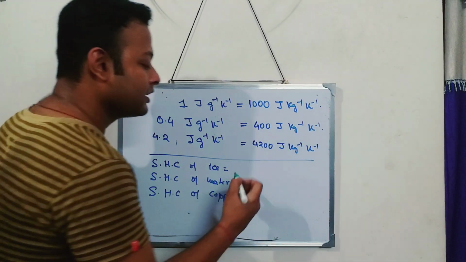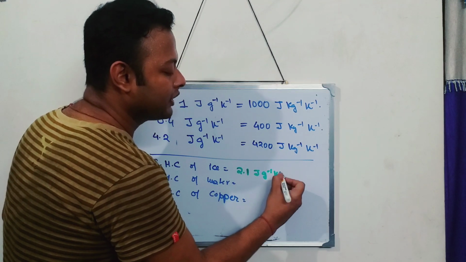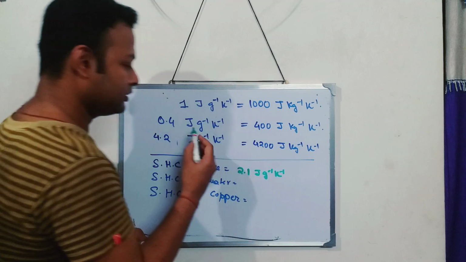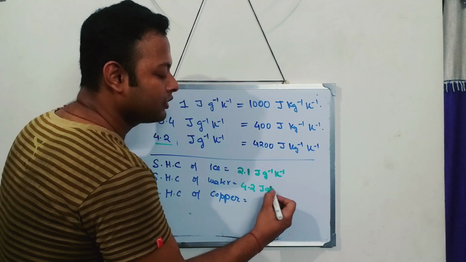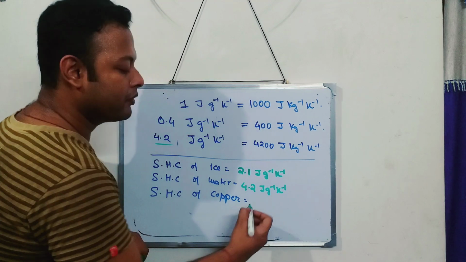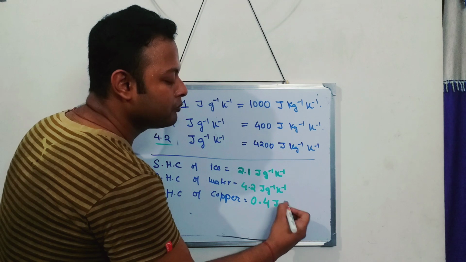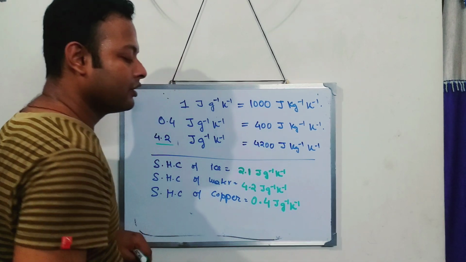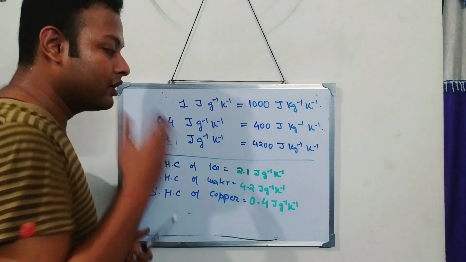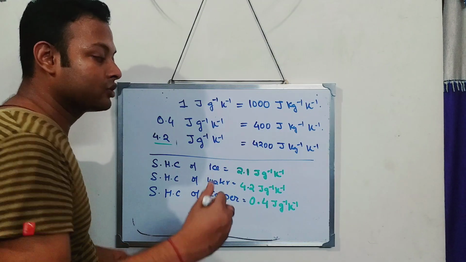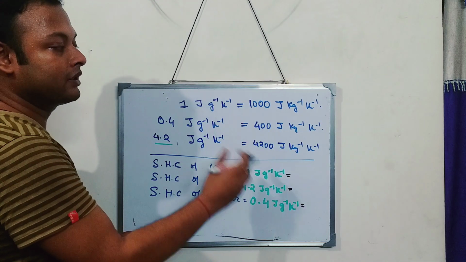So for ice, it is 2.1 joule per gram per Kelvin. For water, just now I told you, 4.2 joule per gram per Kelvin. And for copper, it is 0.4 joule per gram per Kelvin. Okay. Now if somebody tells me to convert to joule per kg per Kelvin, you just multiply this number by 1000.